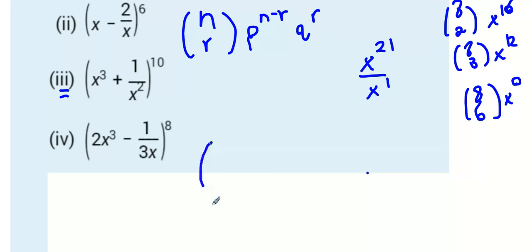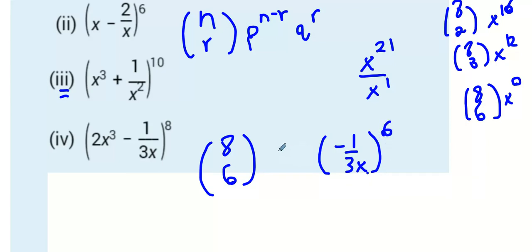So that means my r value is 6, which means it's minus 1 over 3x to the power of 6, and it's going to be 2x cubed to the power of 2, because they have to add up to 8, don't they?